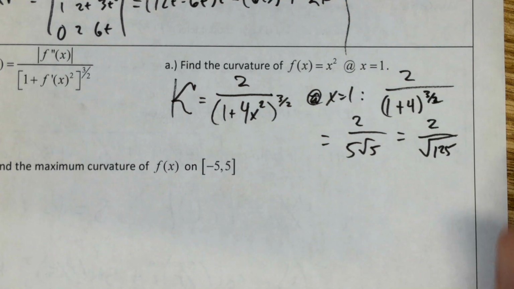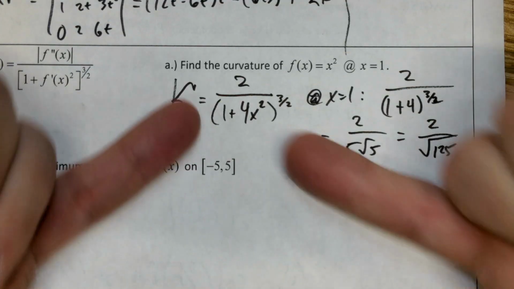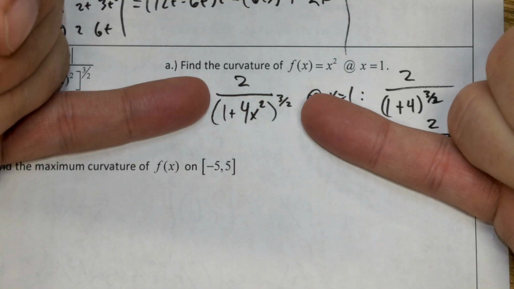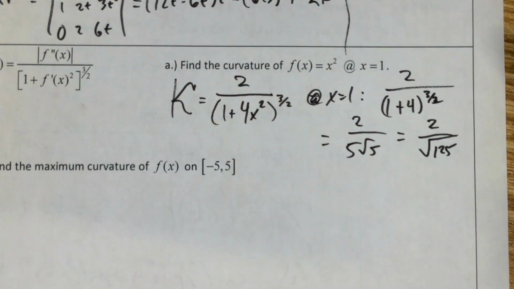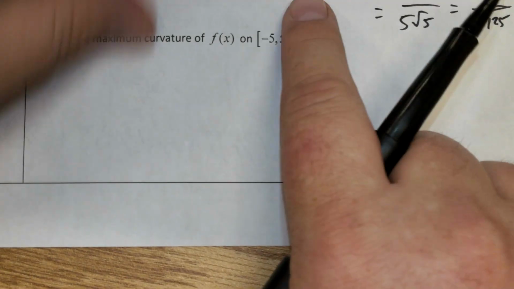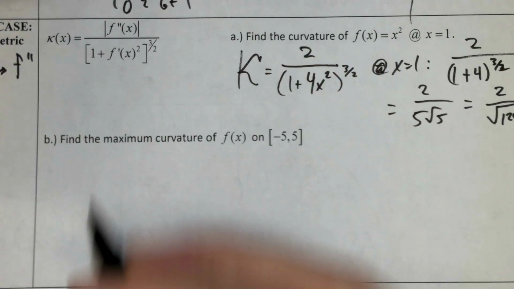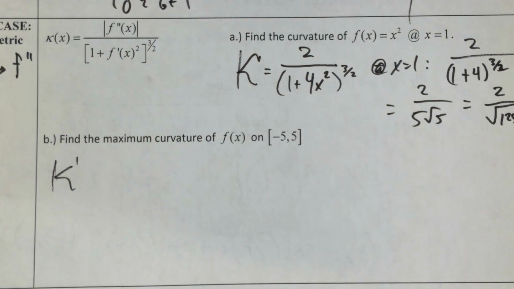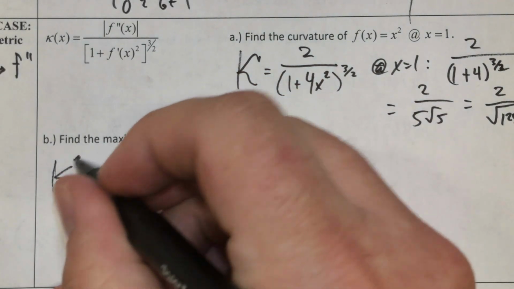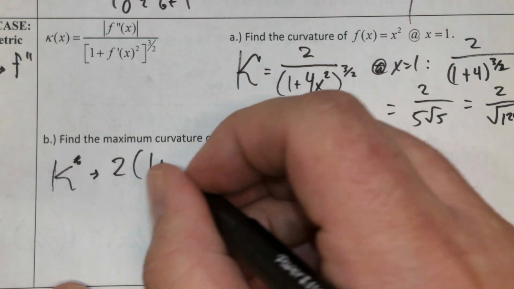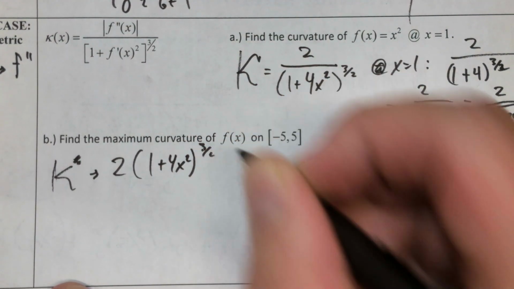And a separate question, this is not necessarily a classic question, but you can maximize functions. You're capable of it. This is just a function. How do you find mins and maxes? You take a derivative. And then you make sure you find when that derivative is at 0, and you find when it's crossing from positive to negative. So let's take that derivative of the curvature. I would call this k prime. Original k is 2 over 1 plus 4x squared to the 3/2.